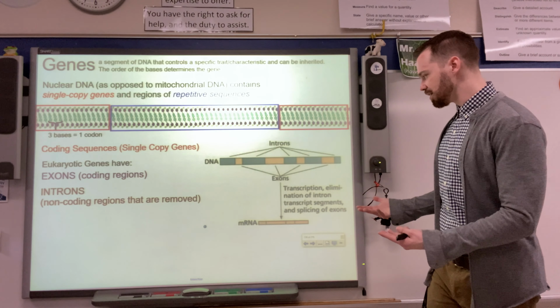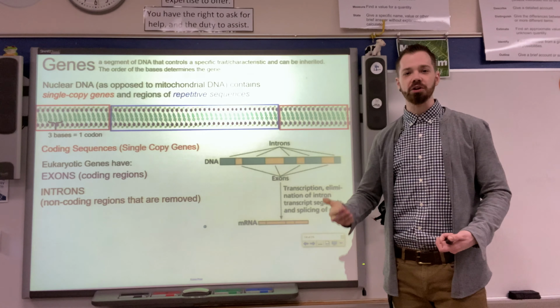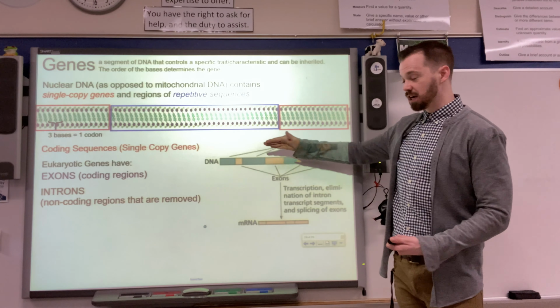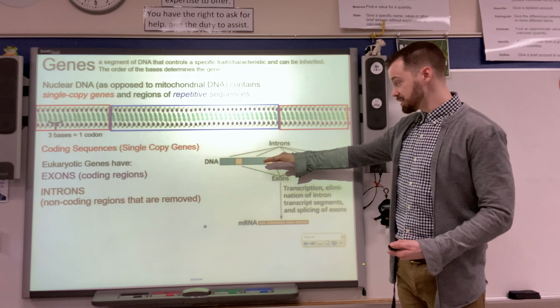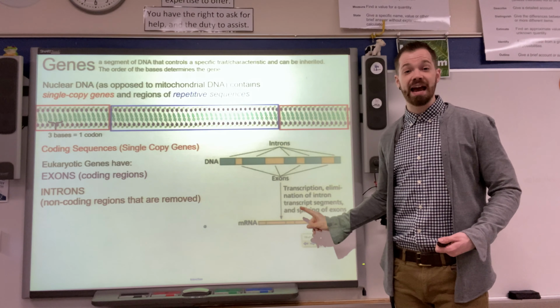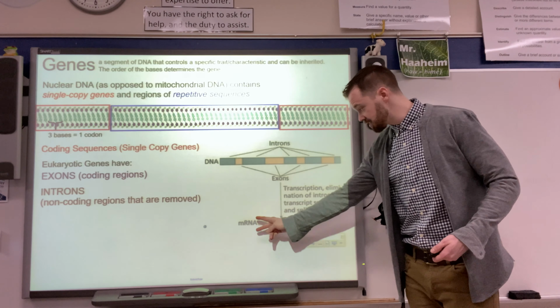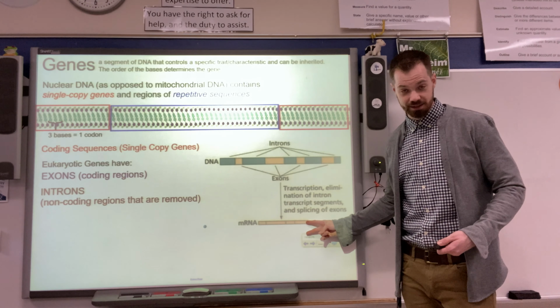So this actually falls into a category called post-transcriptional modification. You've done transcription, you've taken your DNA, you've made it into RNA, and then you chop the parts of that RNA out that you don't need. The rest of the RNA that you have is going to be called just the exons.